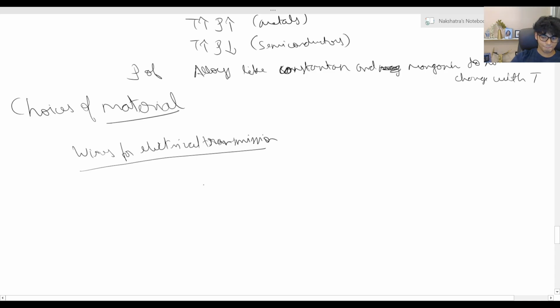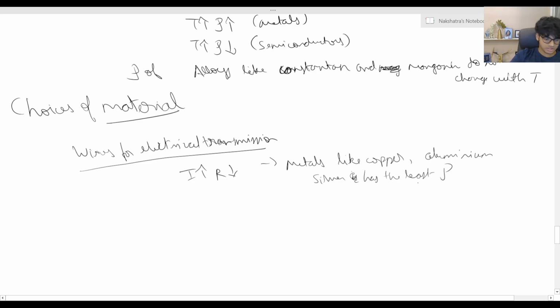Because we want more current, we need less resistance, so that's why for wires for electrical transmission we use metals like copper, aluminium. Silver has the least specific resistance, but because it is quite expensive, most of the wires you see around you will be made of copper, right?